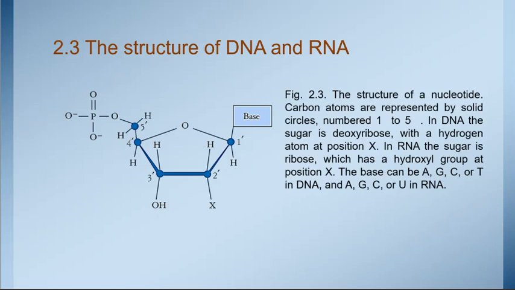The two types of nucleic acid, DNA and RNA, are named according to the sugar composed of nucleotides, with DNA having 2' deoxyribose as the deoxyribonucleic acid. RNA is ribonucleic acid, having ribose.